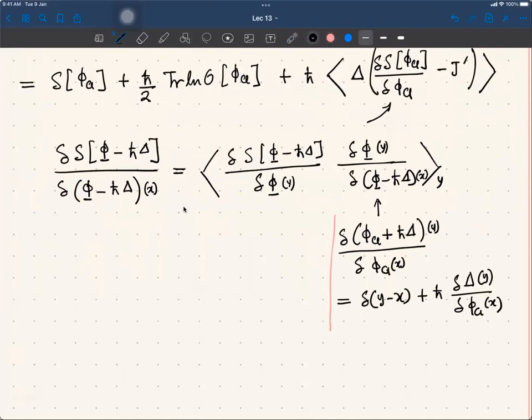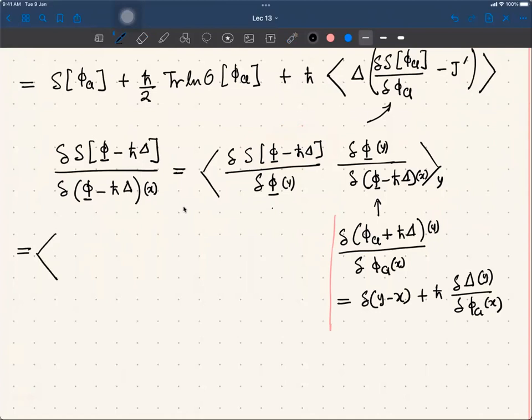Now for the second factor, we should use the Taylor expansion of the numerator.